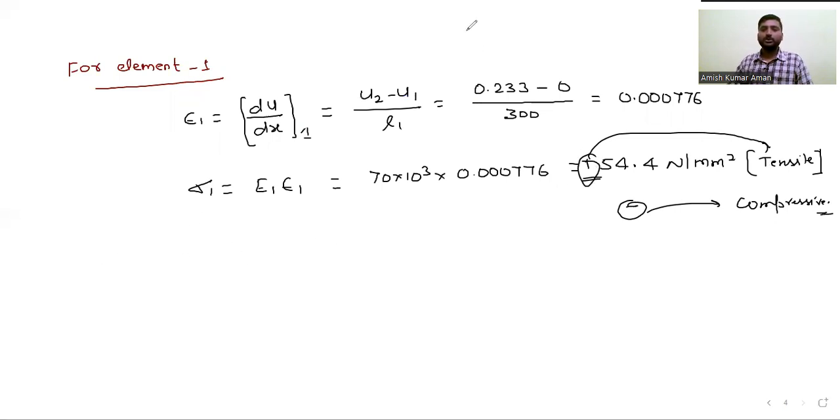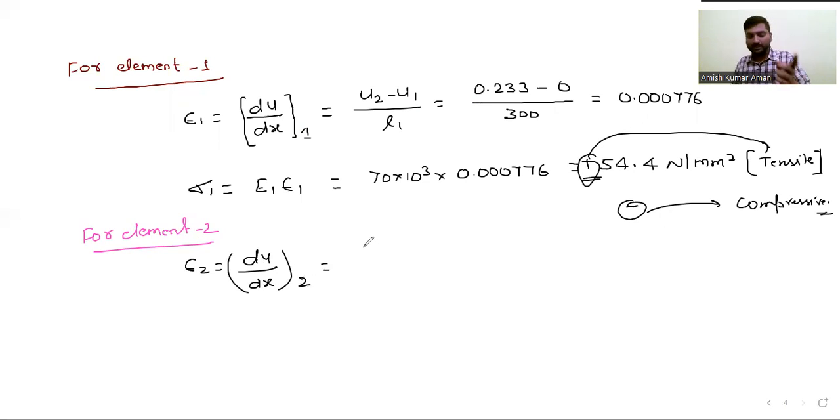Now for element number 2, the same way we will calculate it. Epsilon 2 will again be du by dx for element number 2. So that will be u3 minus u2, final minus initial, because for element number 2 it is u2 and here it is u3.